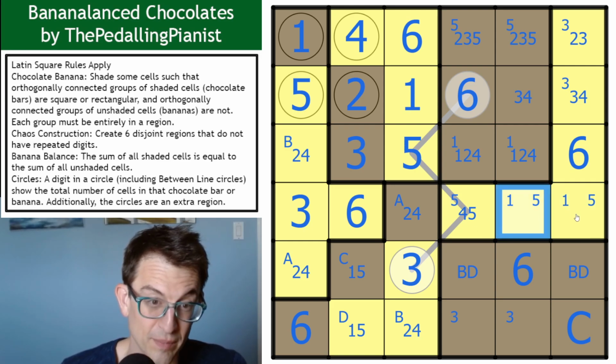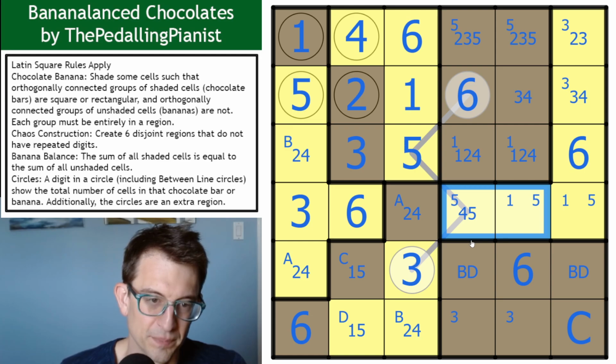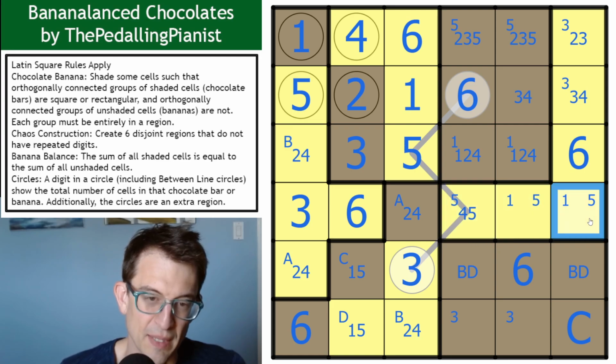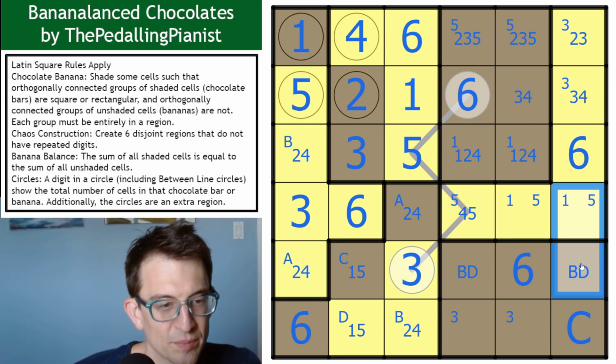What if there's a problem with that not being D? So if this isn't D, we get 1, 5 specifically here. Which makes this B. Oh, so this is a BD pair, which is kind of weird.